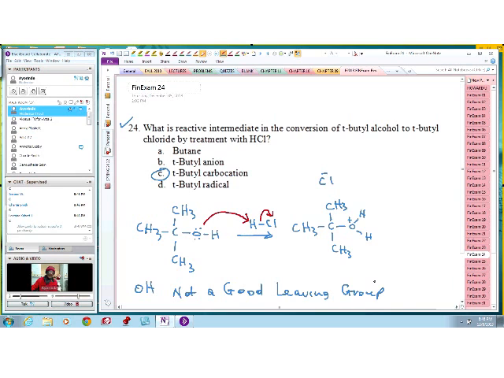So in order for the hydroxide to leave, we use the acid as a catalyst to protonate the oxygen. Once you do that, water will now be a good leaving group because water is stable. So now it will break away, and when that happens, you form a carbocation.